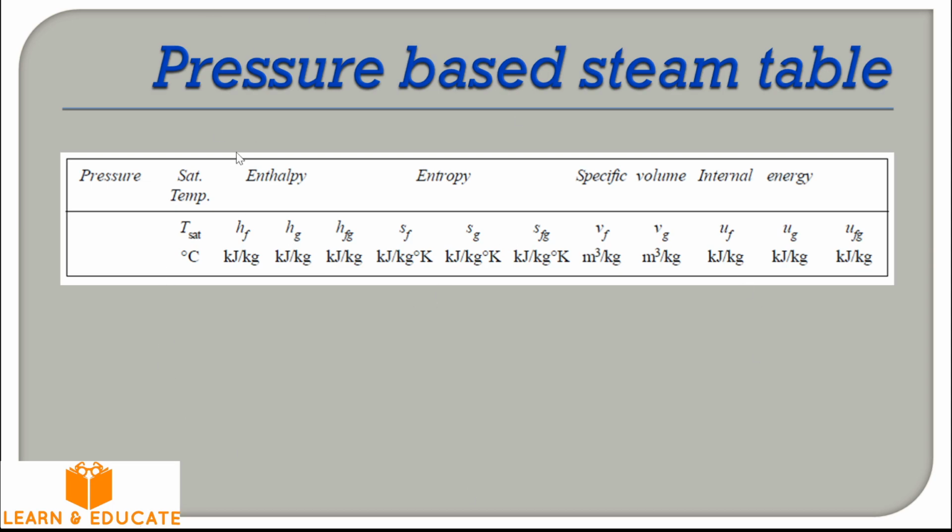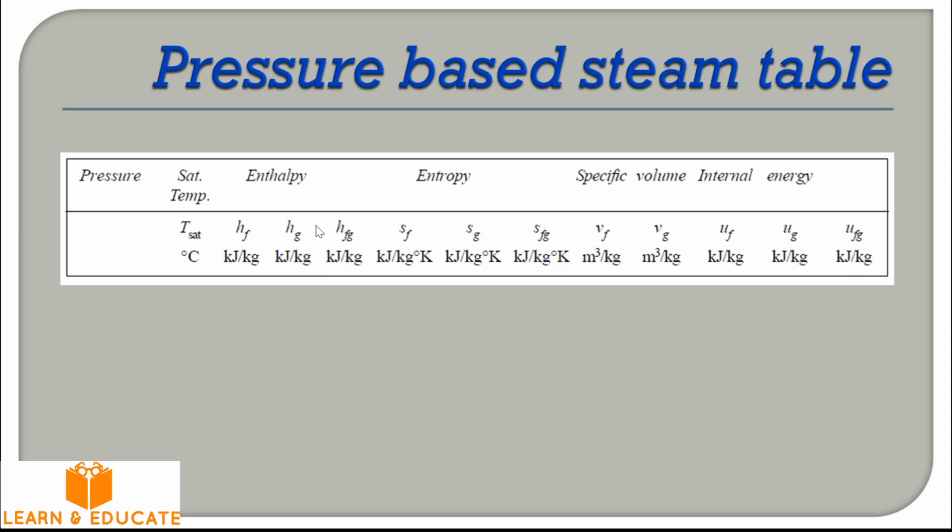So hg being the specific enthalpy of the vapor form of water is the highest here. So we can always find out either x or any missing values for a given process using these tables.